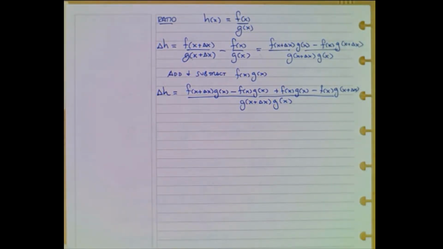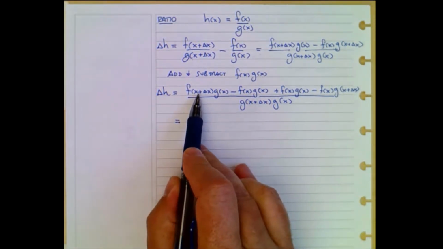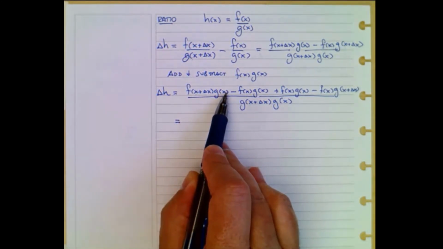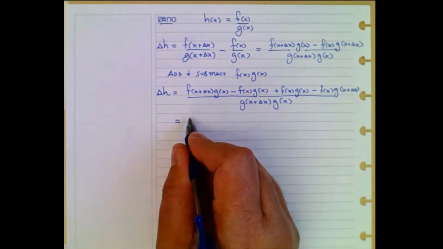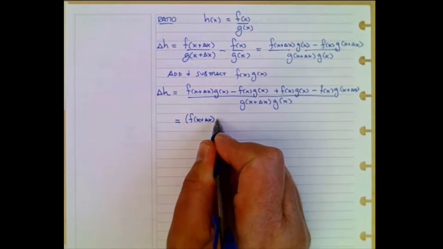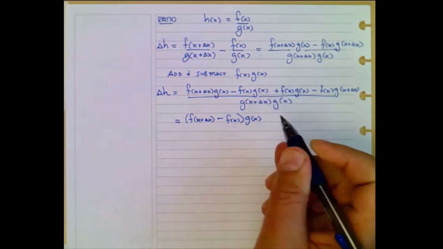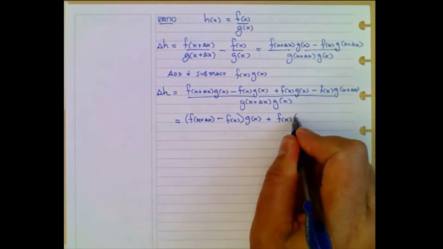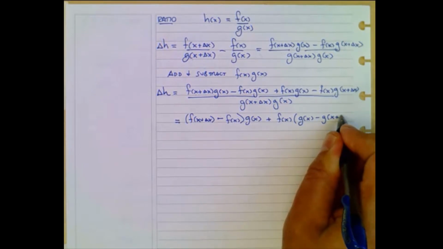All right. Now we note, in the same way as before, I can factor out an f of x plus delta x minus f of x, leaving behind g of x. So I think I'm going to leave this explicitly: f of x plus delta x minus f of x, times g of x. And then here I can factor out an f of x, and I have g of x minus g of x plus delta x.